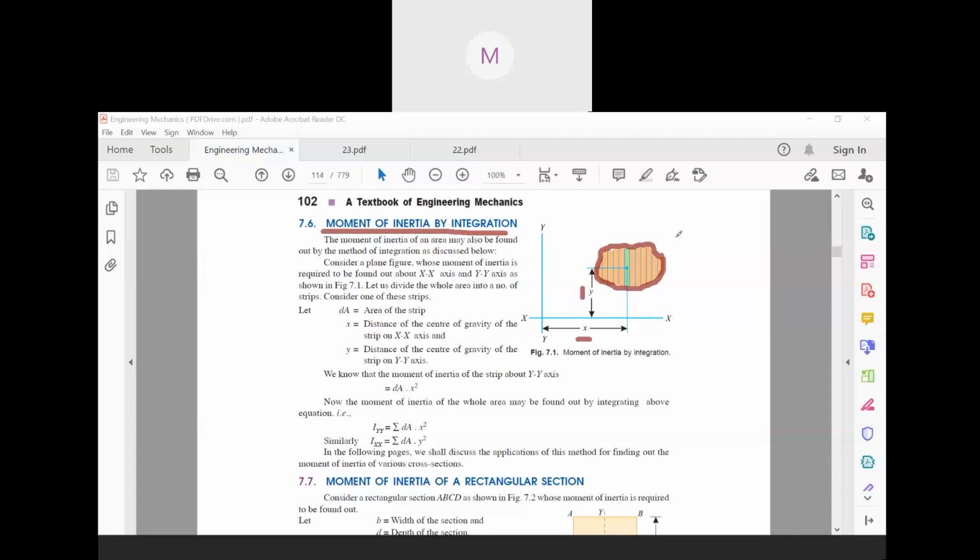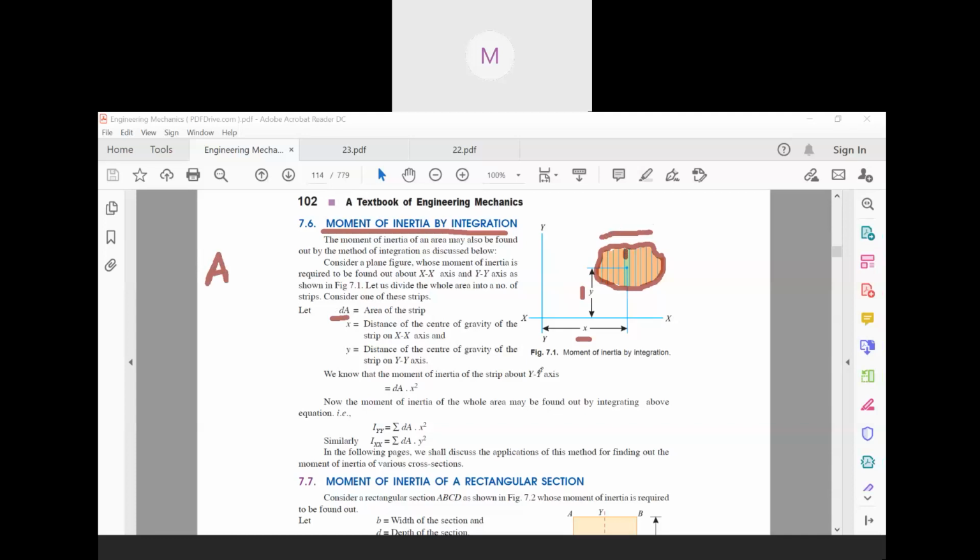If you add the small areas of all these strips, you will get the whole area. Suppose this small green strip is of area dA. If you add all the dAs present in this figure, you will get A.